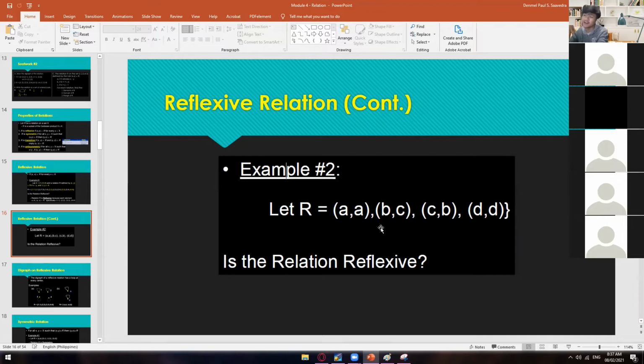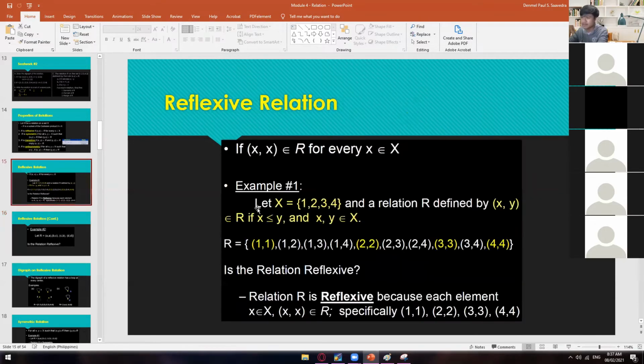No. When we say reflexive, all of the elements should reflect itself. It's not enough that only one element reflects itself. Yes, it is true that for some it is reflexive, but for all it is not reflexive, wherein the condition of reflexive is it should be all.